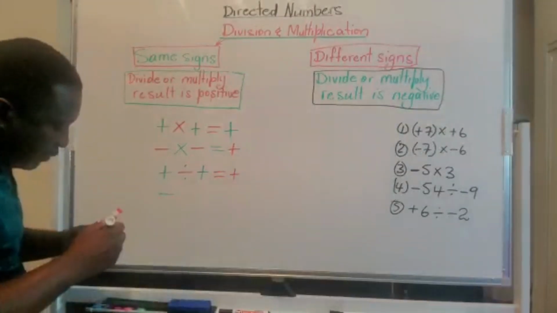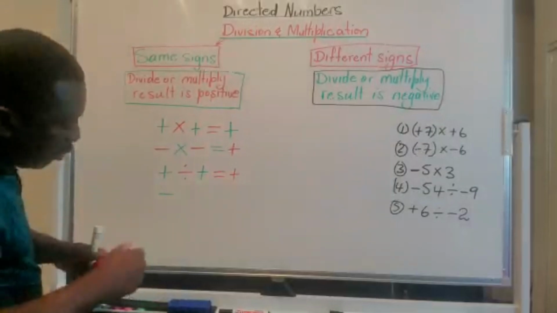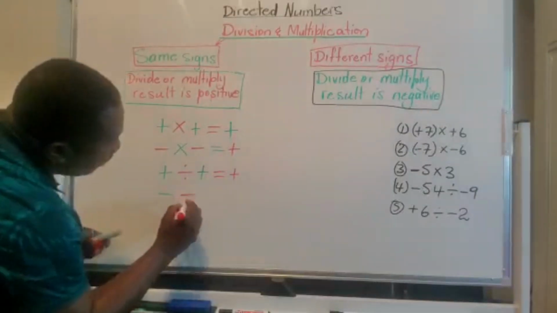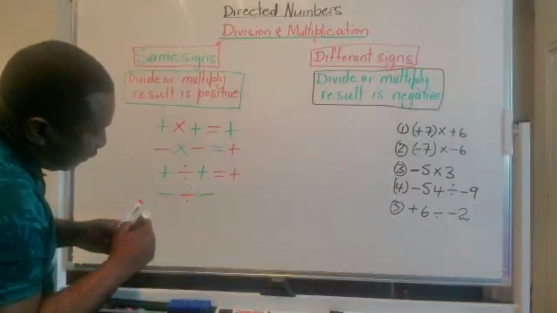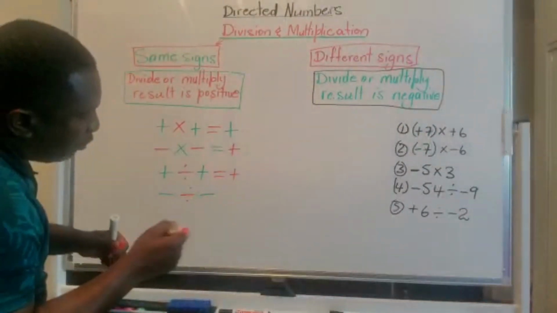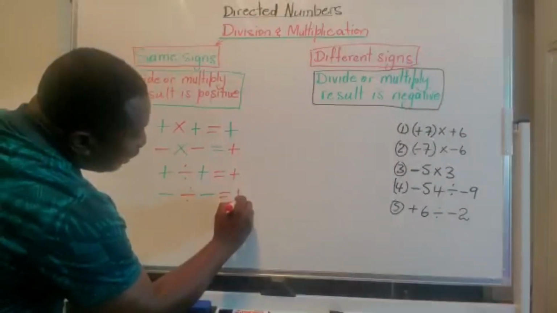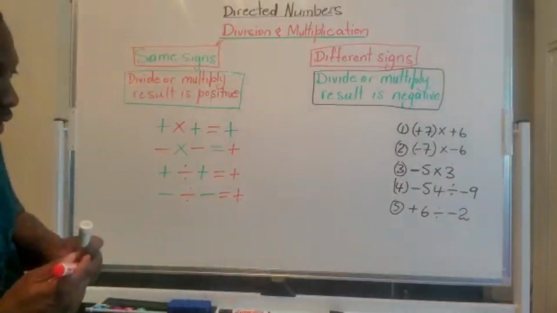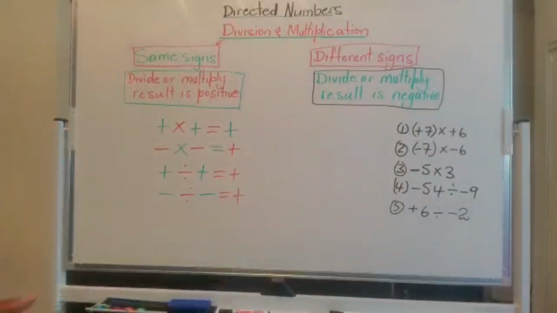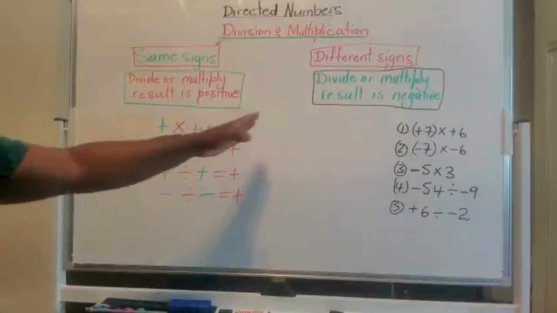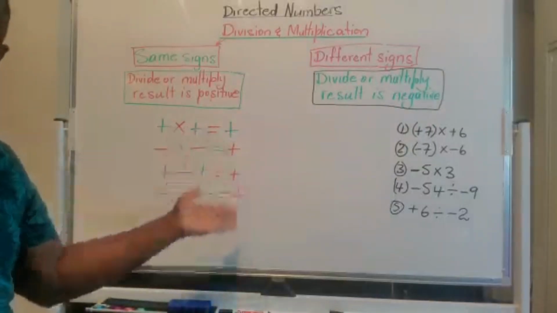A negative, when divided by a negative, our result will be a positive. In essence, what it is saying, once we multiply or divide two same signs, our outcome is going to be a positive value.